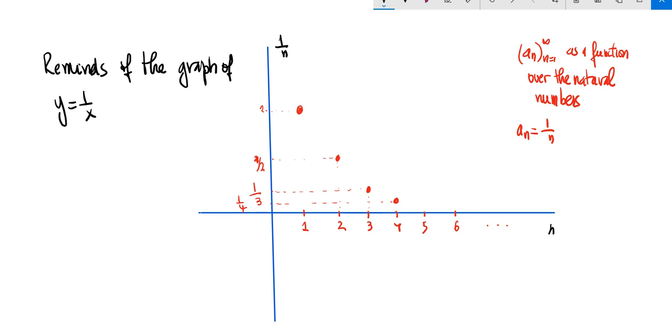All right, next let's look at some other concrete examples.